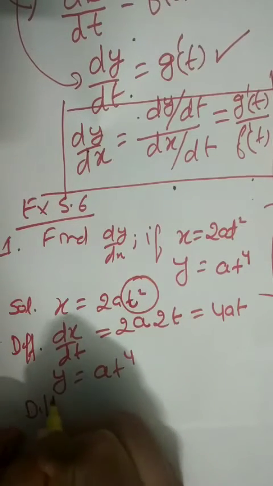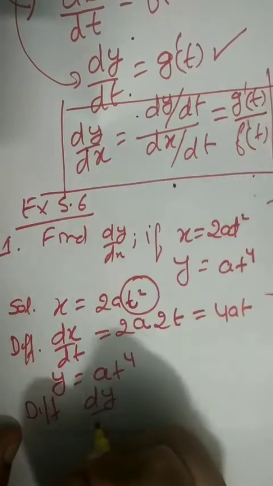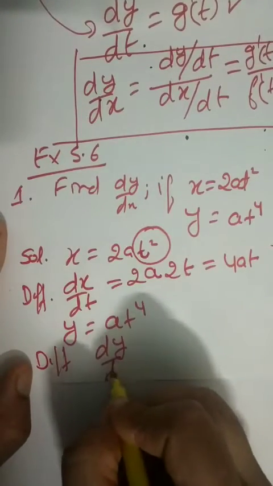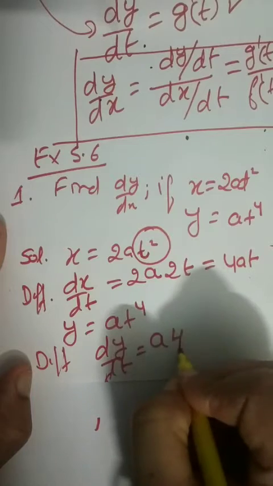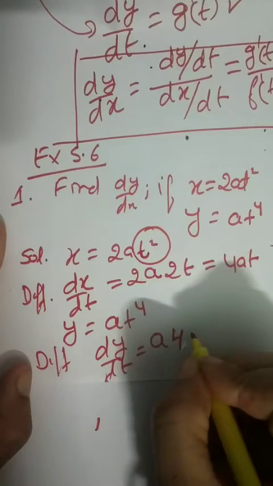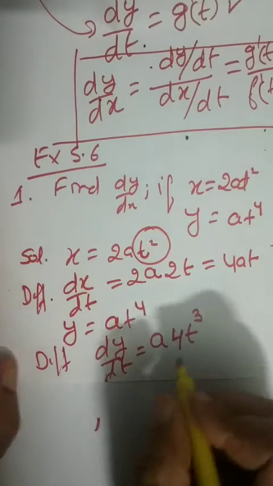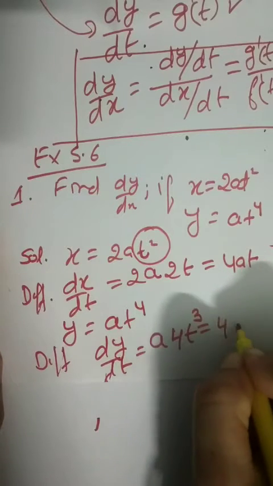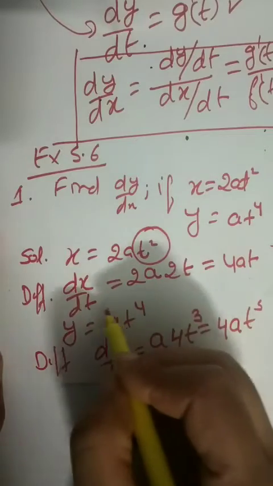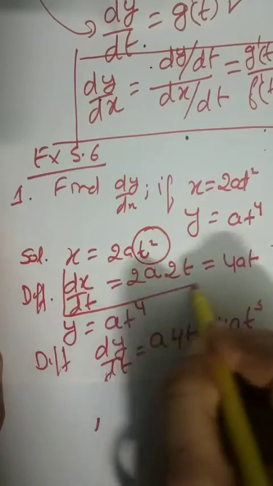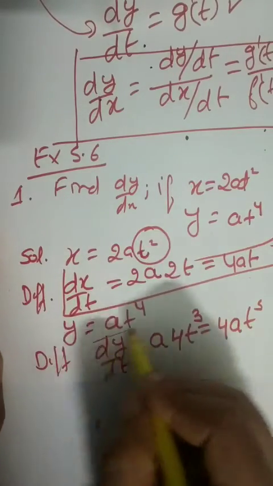After differentiating, you will get dy upon dt as a as it is, 4 will come in front and t raised to power 3. So in a proper way, we write 4at cube. So these two are the derivatives, dx upon dt and dy upon dt.